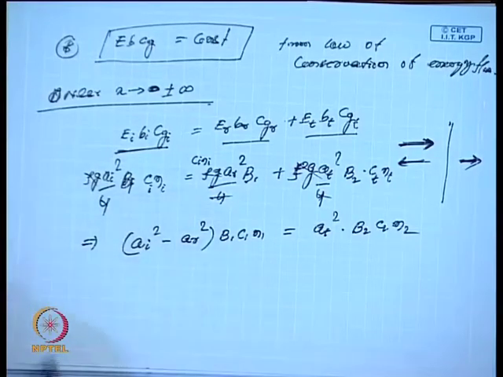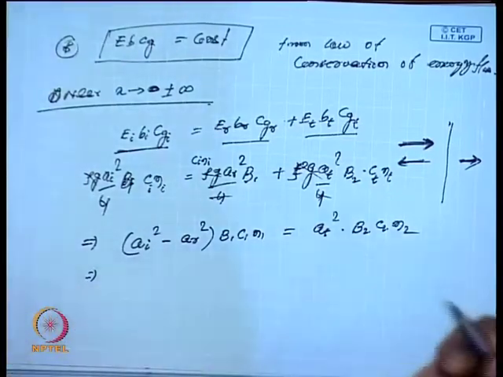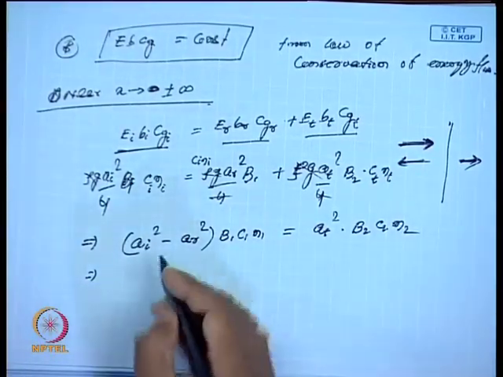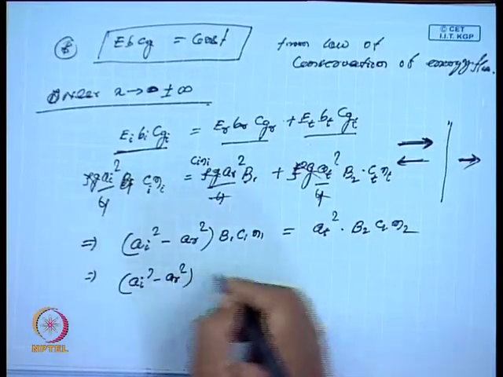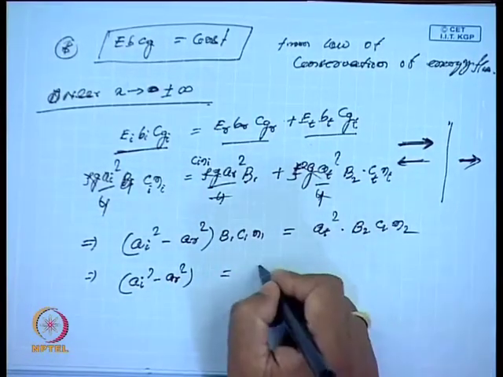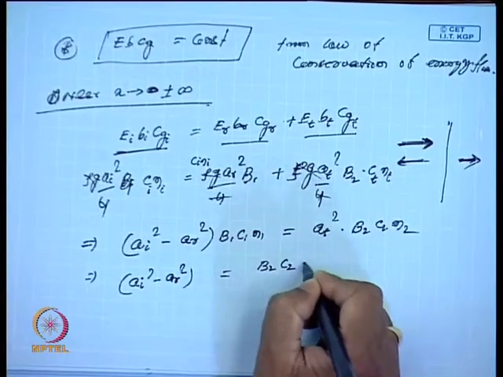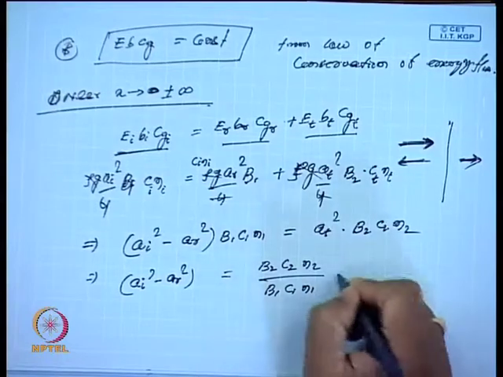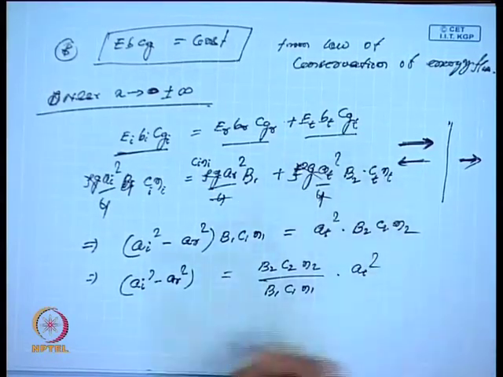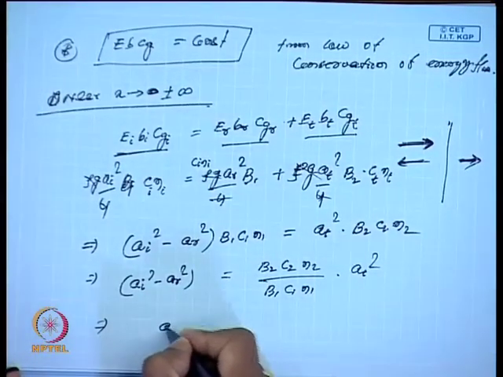This is what happens. And what is C? C is nothing but omega by k. So if C is omega by k, then A_I square minus A_R square equals B_2 C_2 n_2 by B_1 C_1 n_1 into A_T square, which can be simplified further.